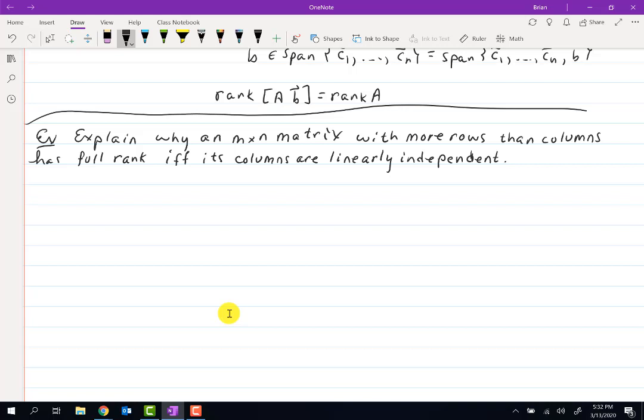So we have more rows than columns, so what do we know? We know that M is bigger than N. Full rank means we have the maximal, or well, the highest possible value for the rank.